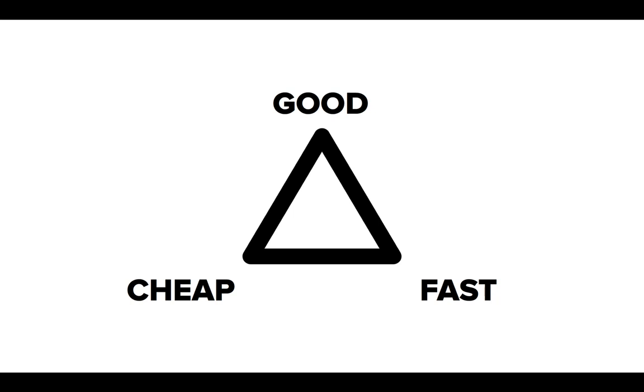So what they're saying is, well, we can do your project, and we will hit 2 of these, but you can't have the third, and you have to choose which one you want. So it might be the case that they want it now, and they want it cheap, in which case chances are strong that it's not going to be any good. It's just going to be trash that they throw, but it'll be fast and will be cheap.